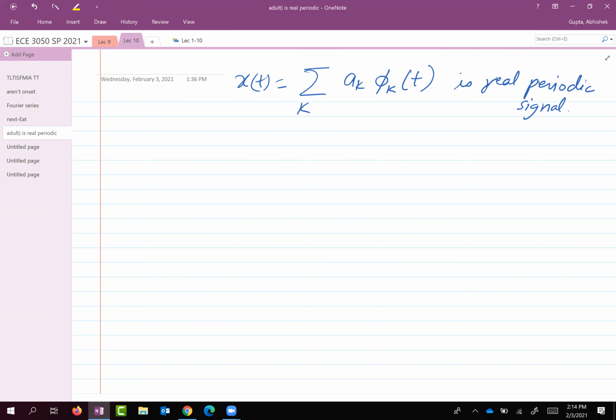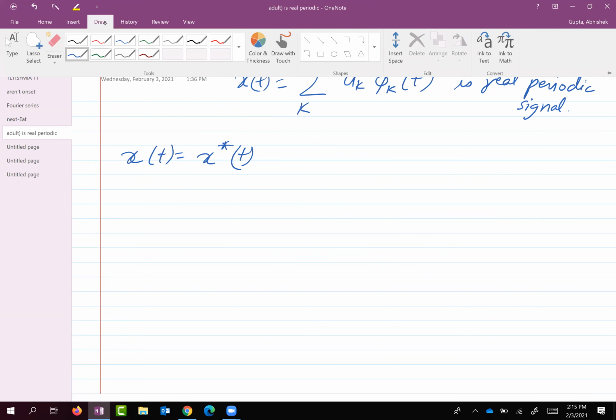Then what do we know about x of t? Well, we know that x of t is equal to x star of t. So this star is basically complex conjugate.